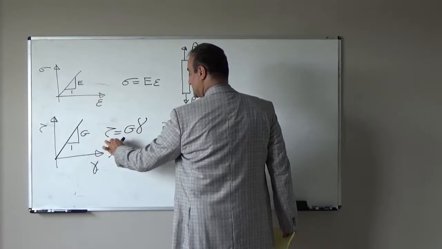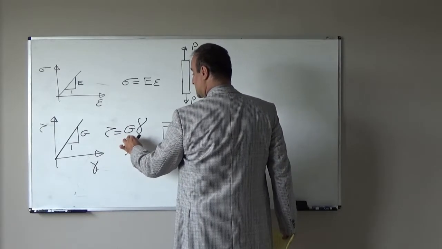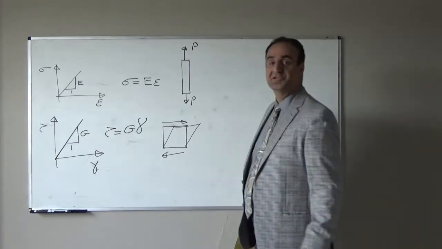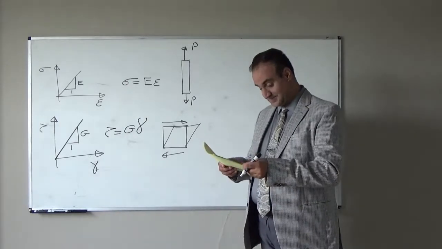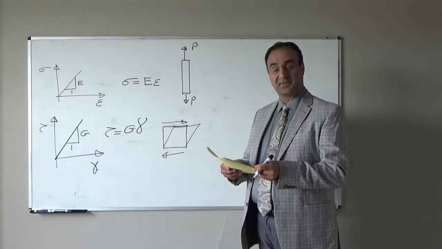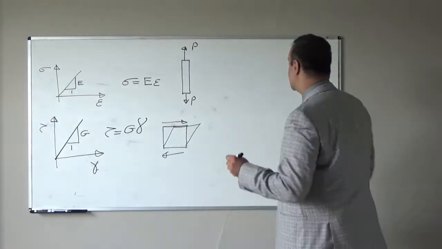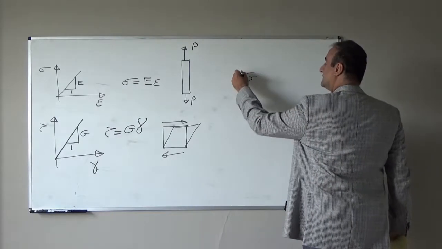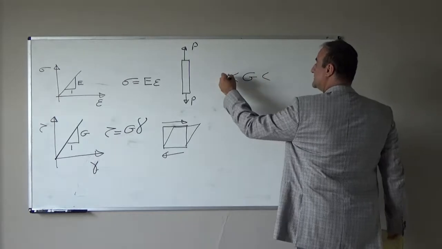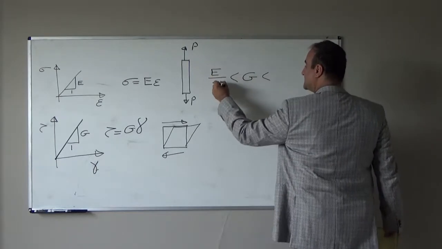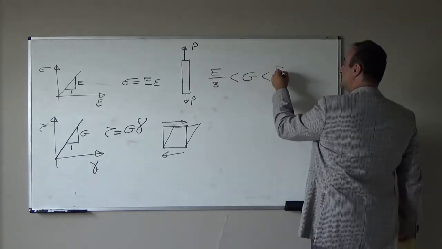Tau, shear stress, is equal to shear modulus times gamma, shear strain. And I defined what shear strain was, and you should know G for most real engineering materials varies in this range.